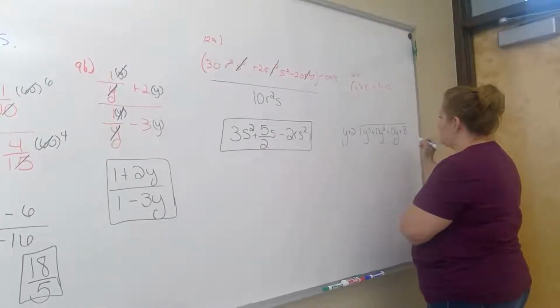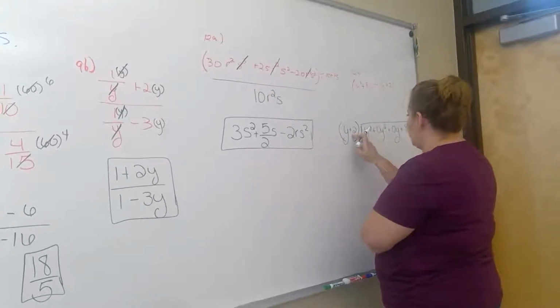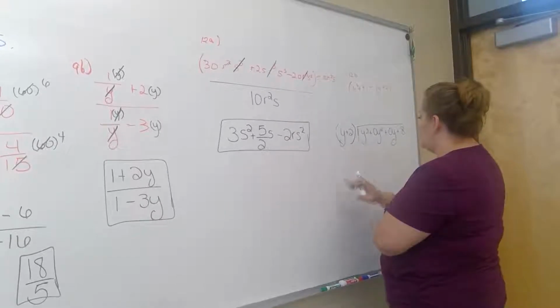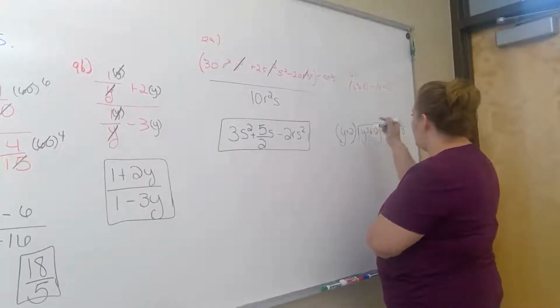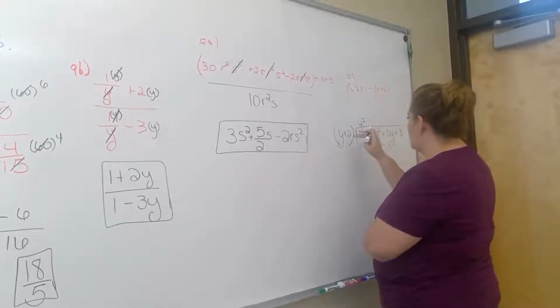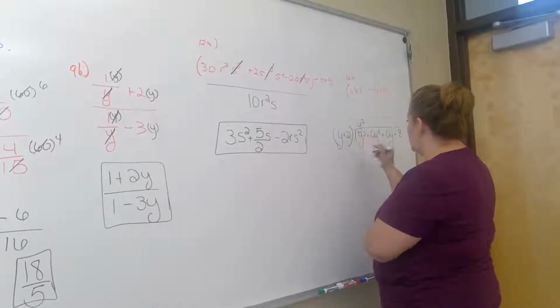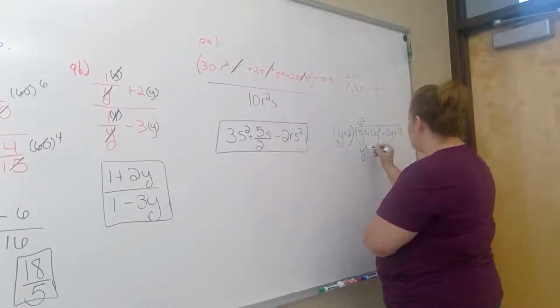Okay. What helps me is to do this division. So then we need to figure out what makes a y cubed, so a y squared plus the y equals your y cubed.